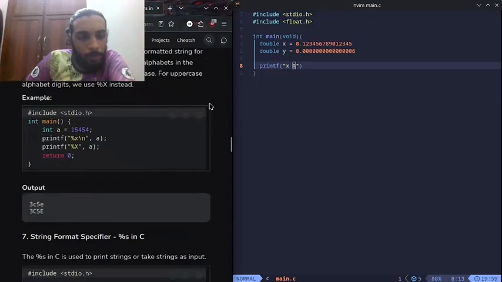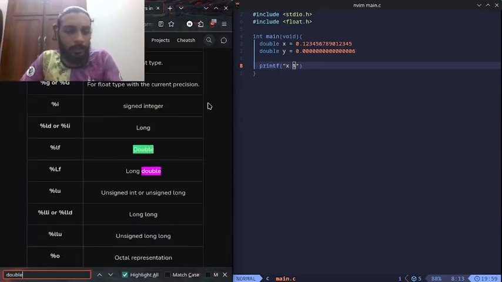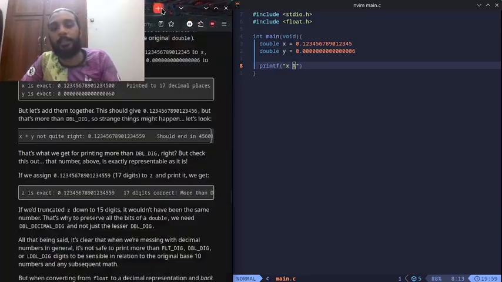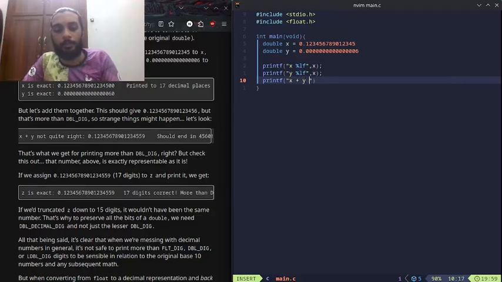It's %lf. Okay, that's weird. %lf and x, right? Now print y as well. Now printf x plus y, %lf x plus y.